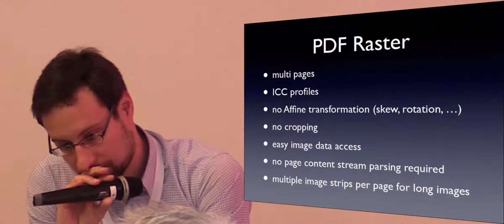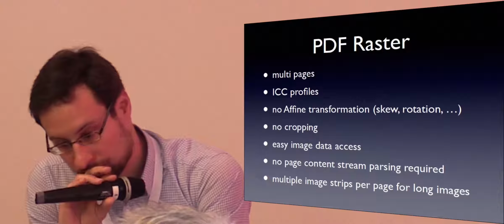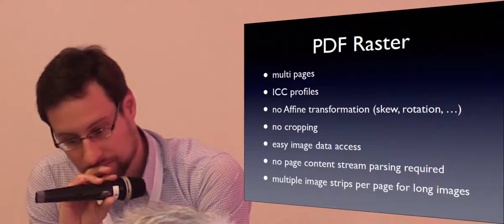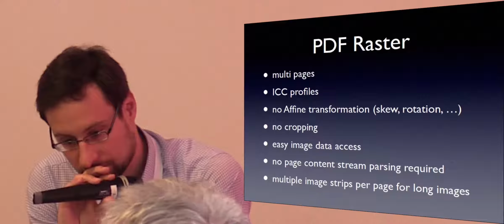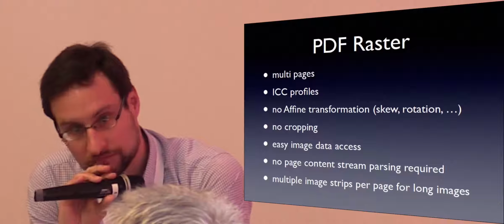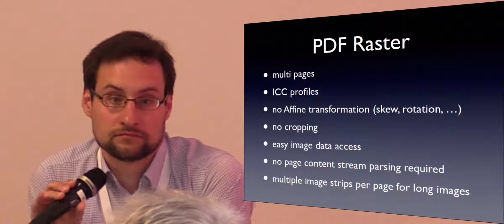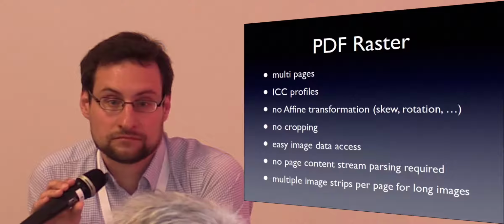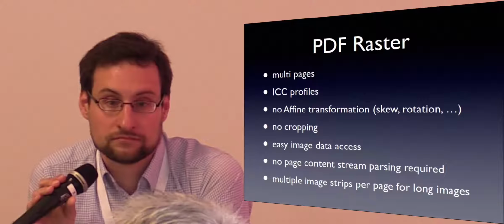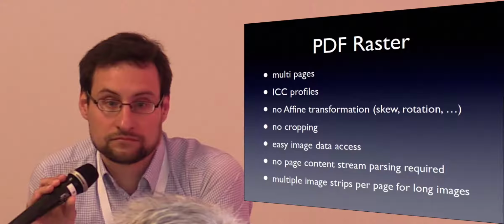Because when you put the image down with the Do operator, you have to have a CM to do it. You've got an affine transform, maybe just a scale, but it's a basic transform, which is going to change the result in terms of the actual output pixel ratio against the actual raw image data.